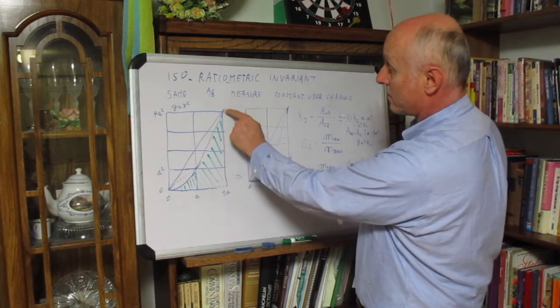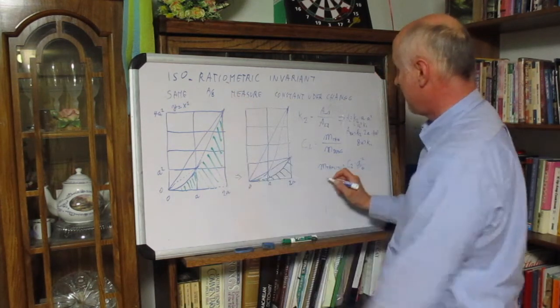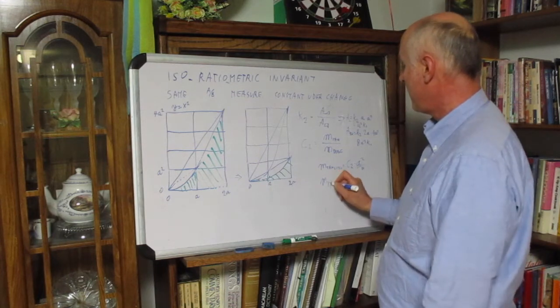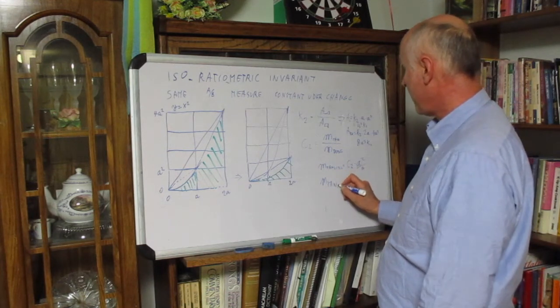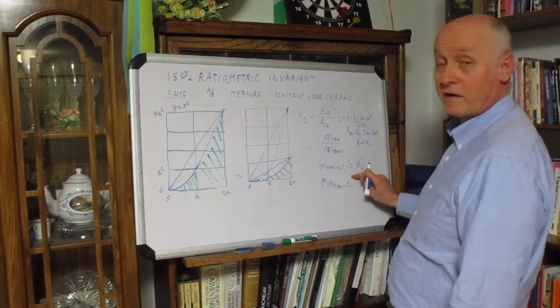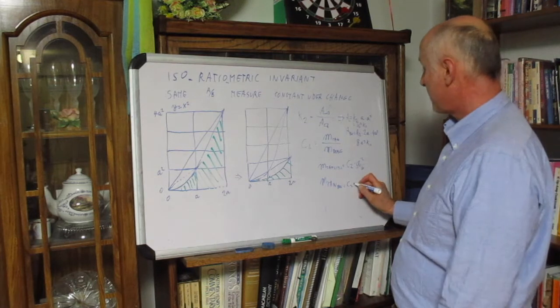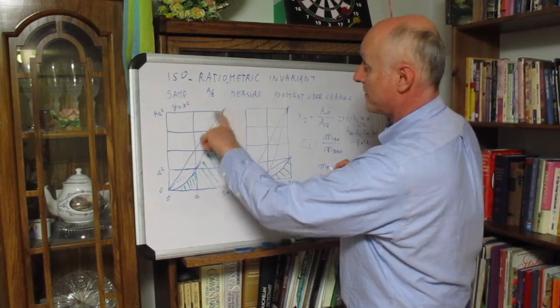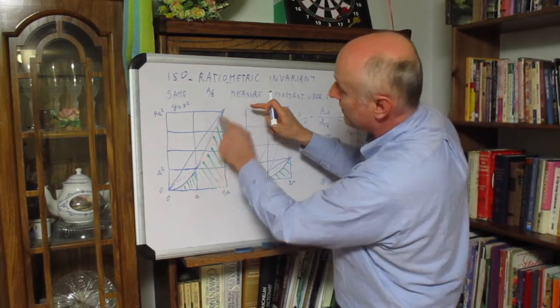What about the slope over here in this big box? M tan big, again, C2, that's our invariant, ratiometric, times, what's the rise? In other words, what's the slope of this diagonal?